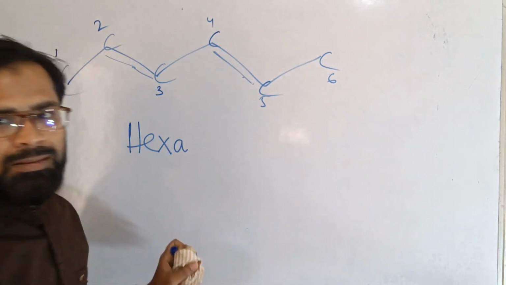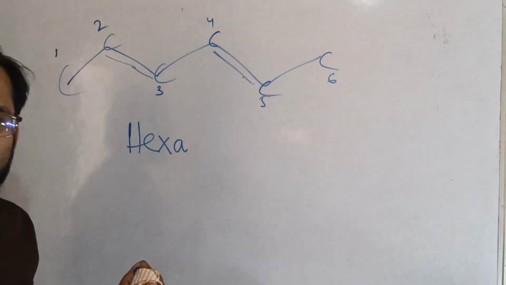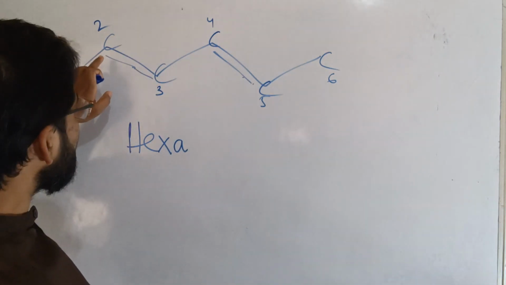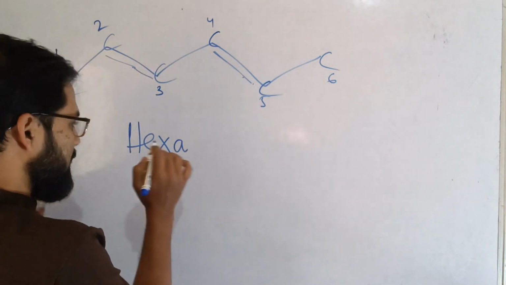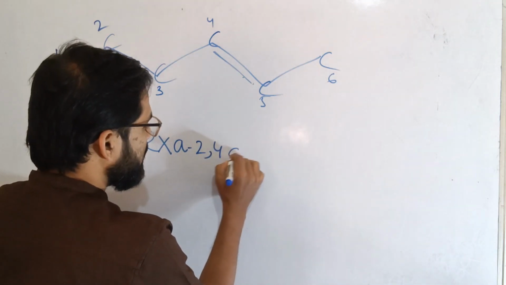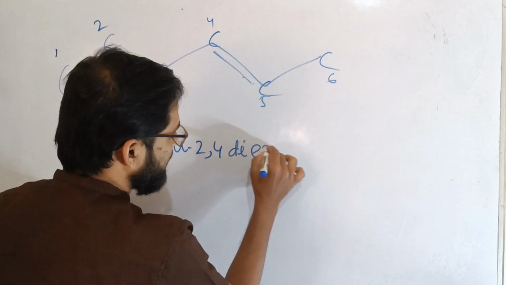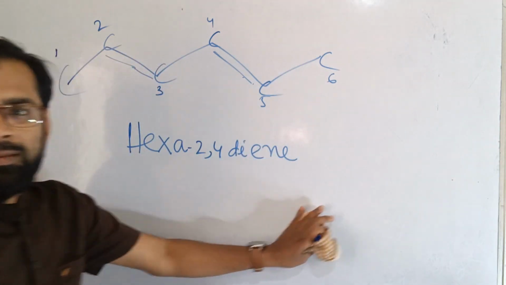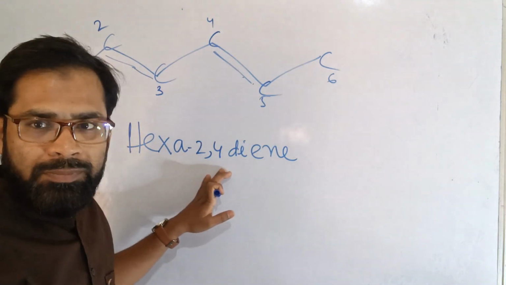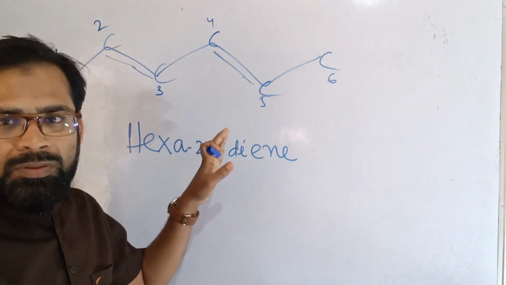That will be hexa. Now the position. Which position? Second and fourth. Hexa-2,4-diene. So this will be the name of this compound.